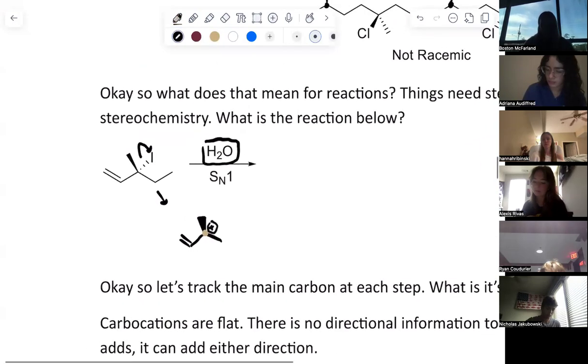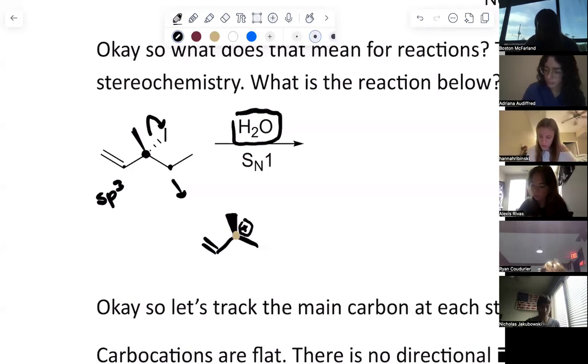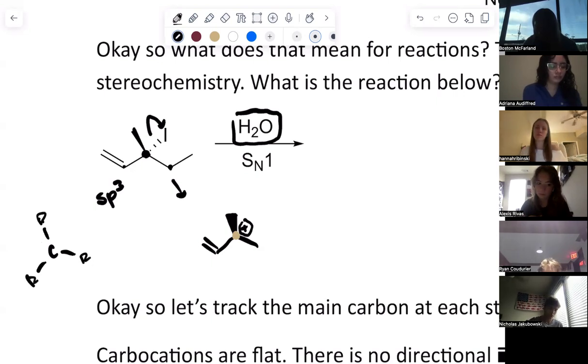So this carbon, well, that was an sp3 carbon. There are four different things attached to it. It lost the iodine and replaced it with nothing. So it's a carbon with three things attached to it and no lone pairs. Do we agree? That's what this carbon now looks like.